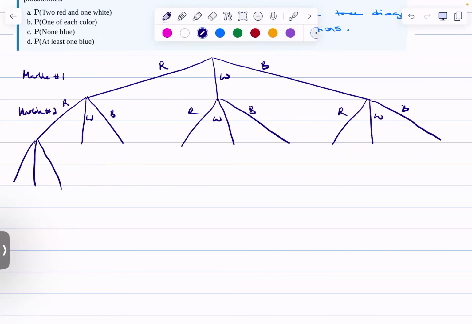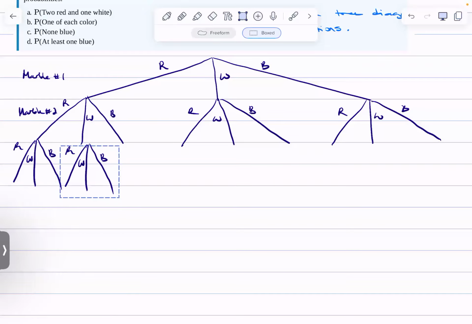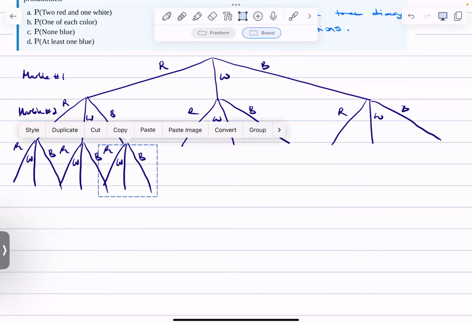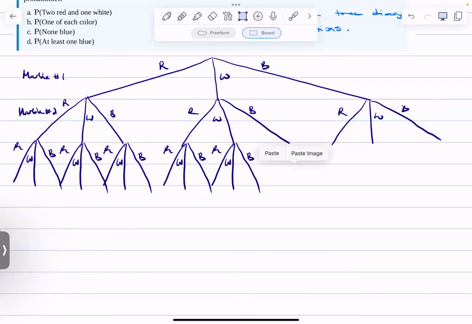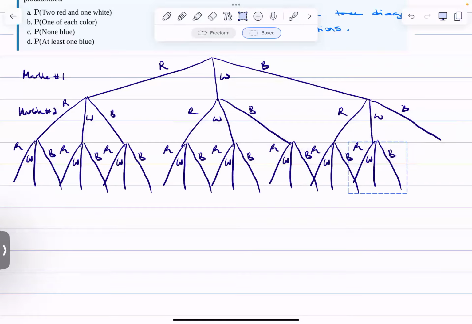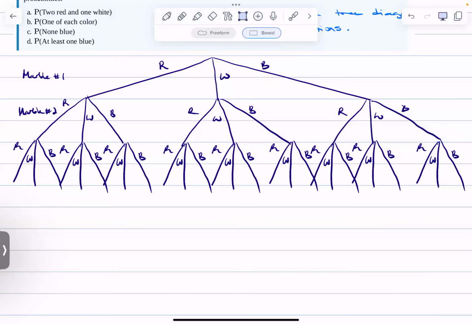Well, maybe I can copy paste. I made it too tight. I overcommitted. Luckily, I have copy and paste.